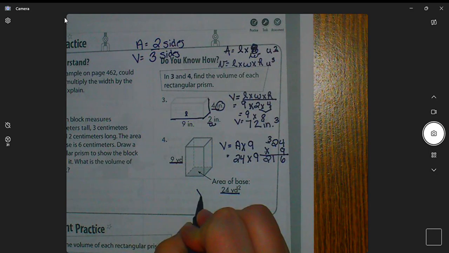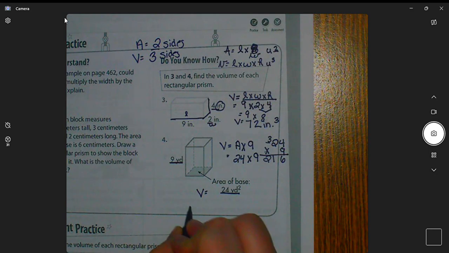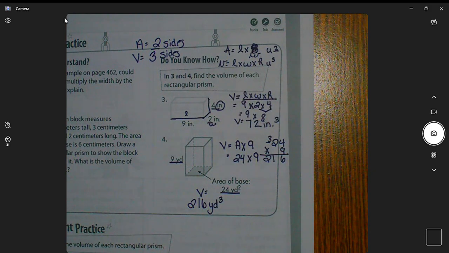So my volume equals 216 yards cubed. And again, I put the 3 as my exponent, as my symbol for volume, because I multiplied 3 lengths together.